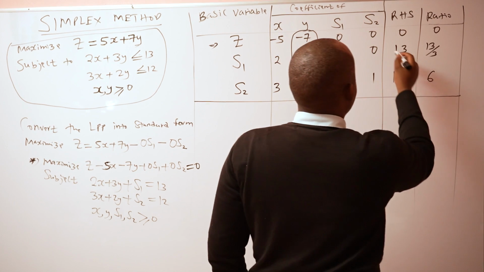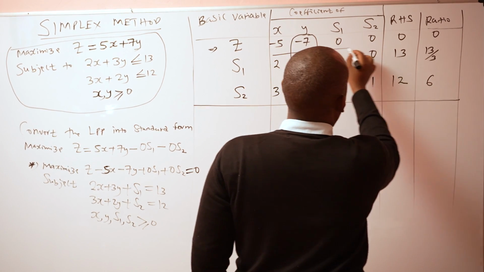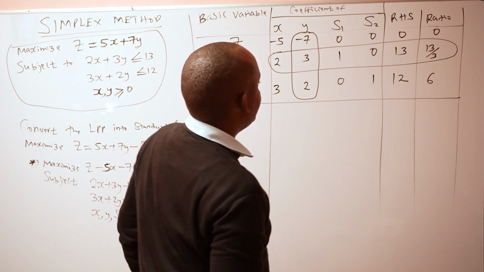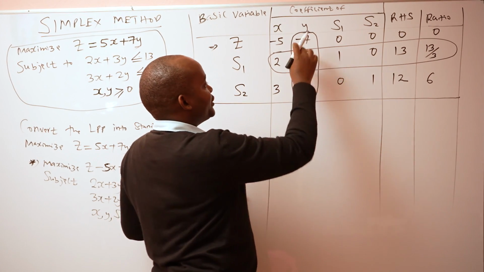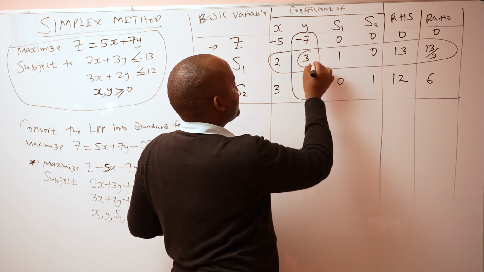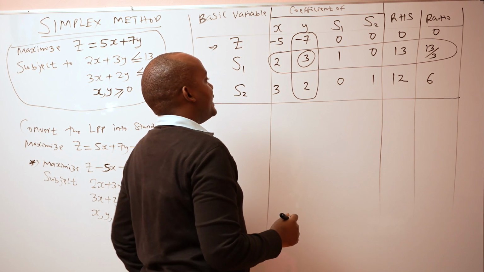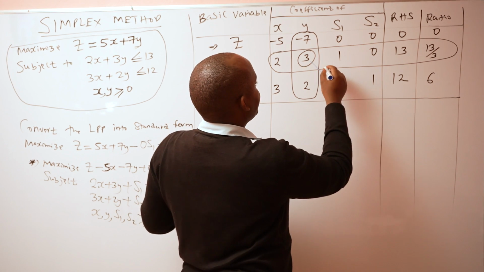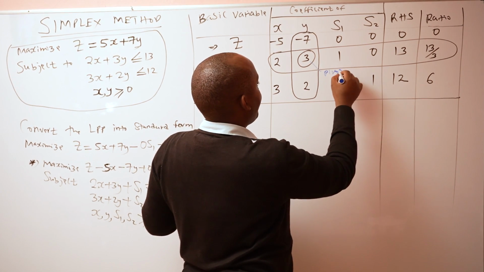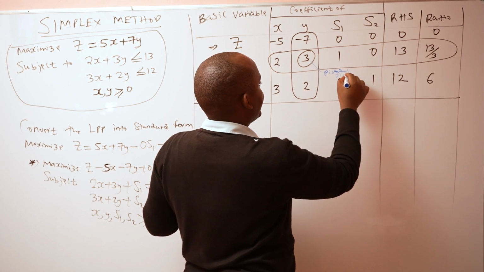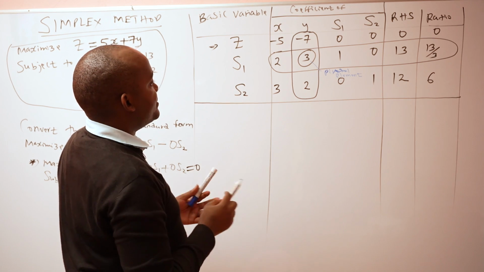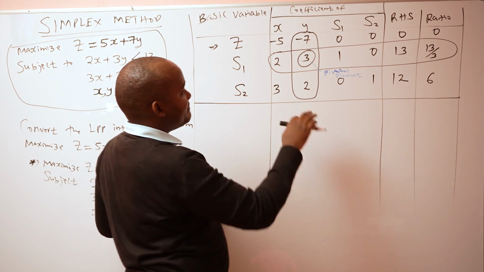Now this means that this will be the pivotal row. So where the pivotal row and the pivotal column intersect, that would be the pivotal element. In this case, you can write that this is the pivotal element. And from there you can construct the next simplex table.